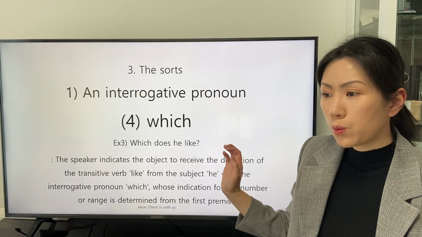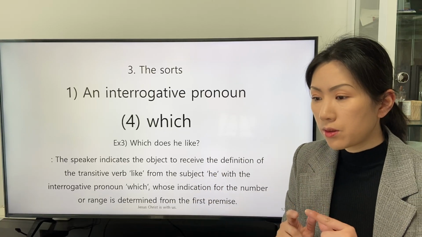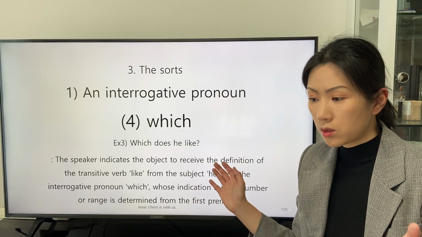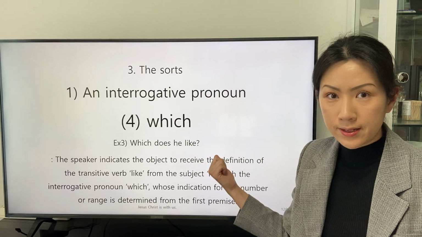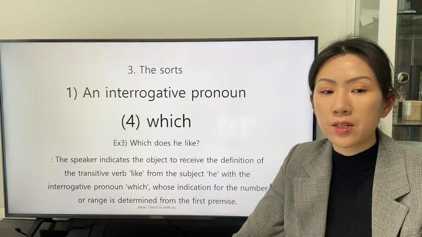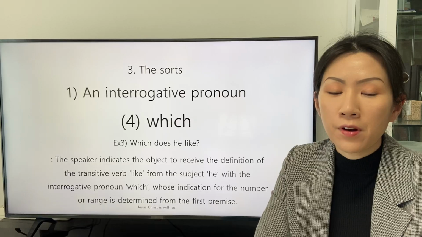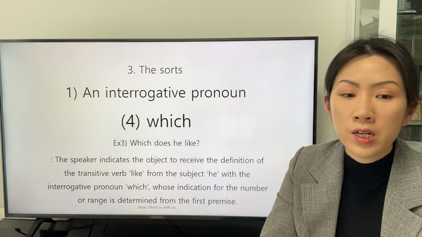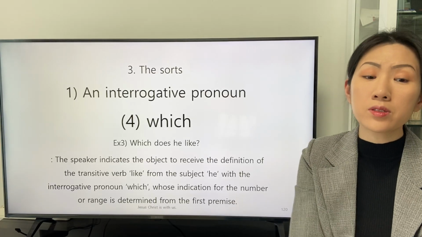So we can understand that the speaker already set the range of the object that can be specified by the description of the clause, does he like. The speaker indicates the object to receive the definition of the transitive verb like from the subject he with the interrogative pronoun which, whose indication for the number or range is determined from the first premise.